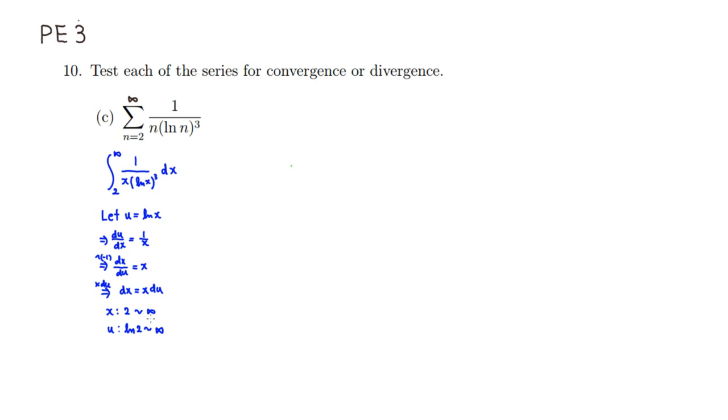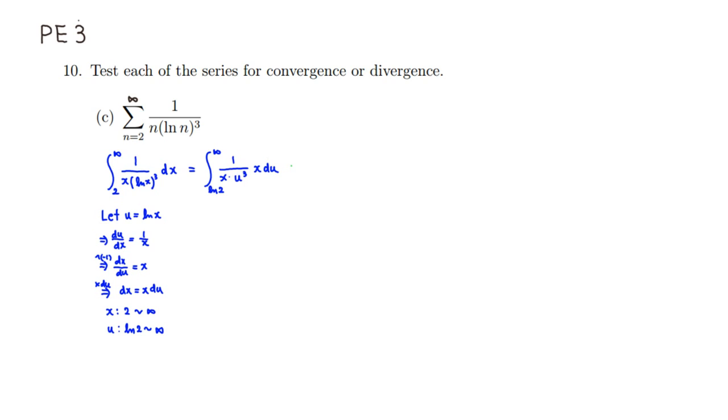So this improper integral can be rewritten as the integral from natural log of 2 to infinity of 1 over x, and I'm going to leave x as it is because we can cancel later, times 1 over u cubed, since natural log of x is u. And dx we know can be rewritten as x times du.